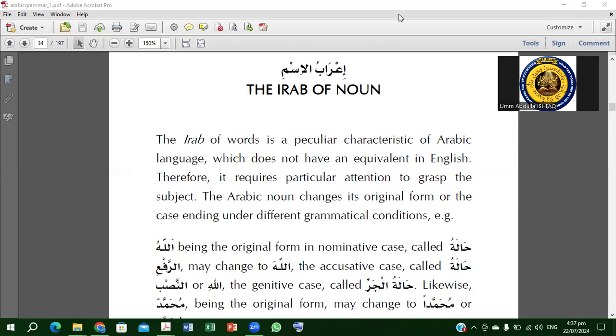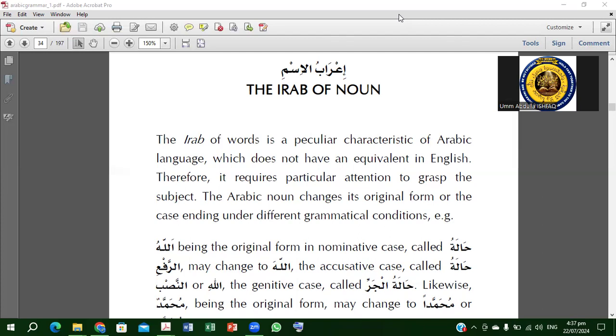Do you remember that we understood there are 4 attributes of ism? Ism means noun, which we need to understand to make sense of Arabic sentences. Those 4 things were the status of ism, right? What is the status of that noun?